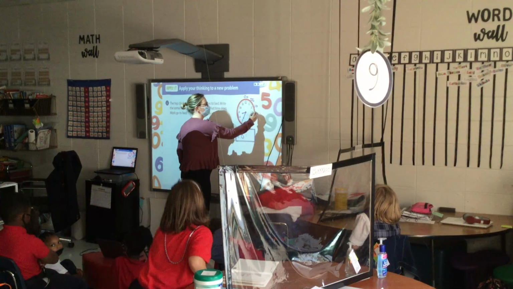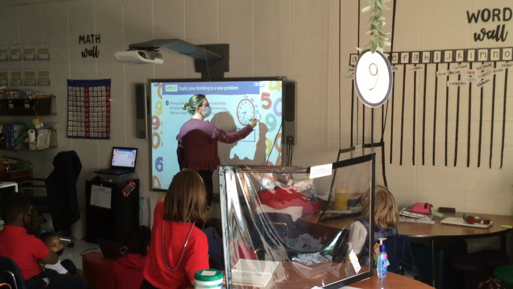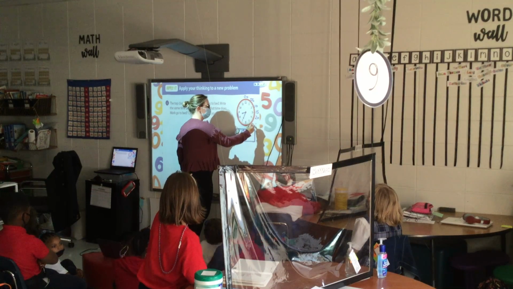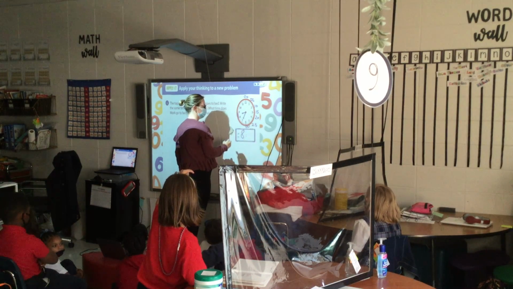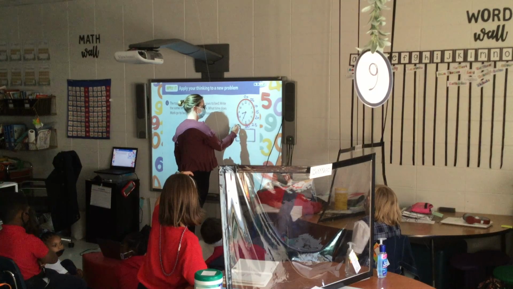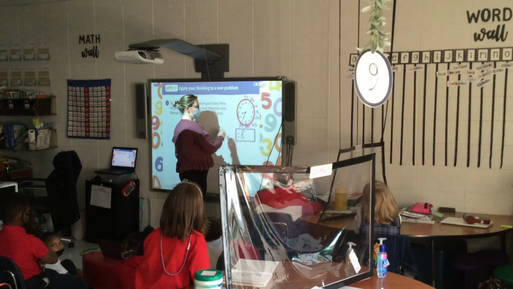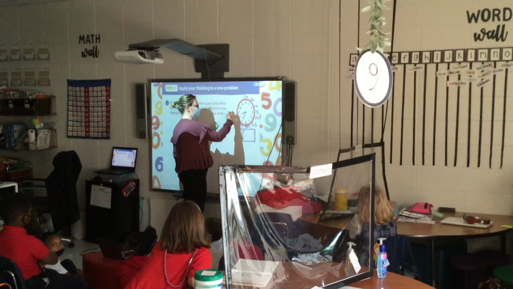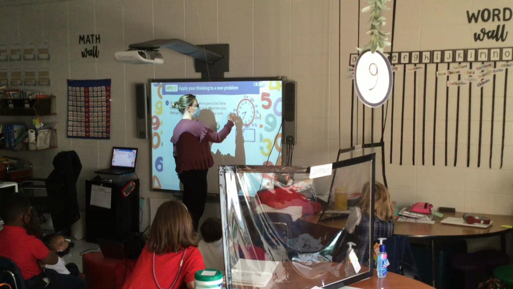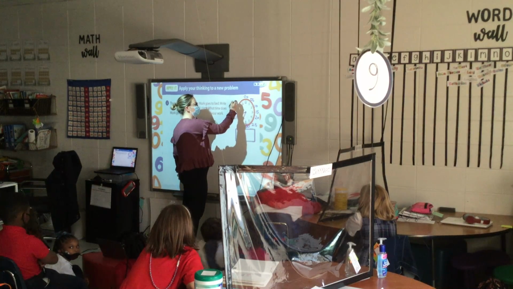So I'm going to write this out to help me visualize this better. Oh, I wrote that wrong. So we stop there, but I'm going to continue writing just to double check that I have the right minutes.